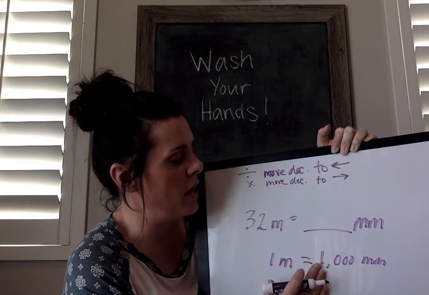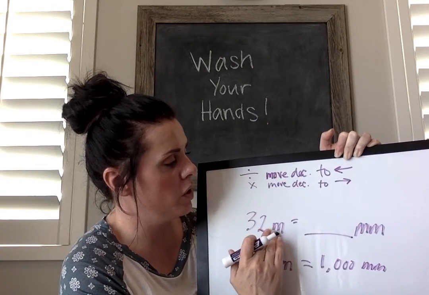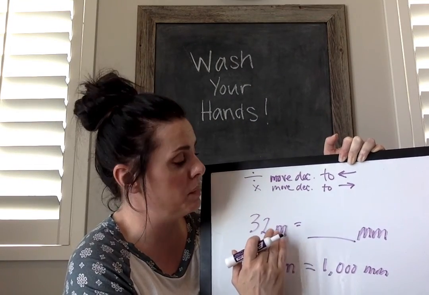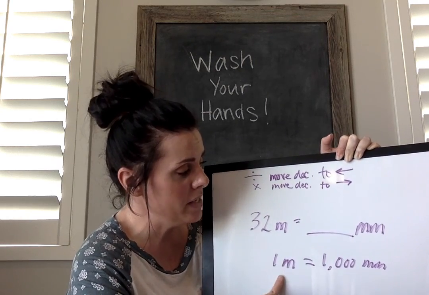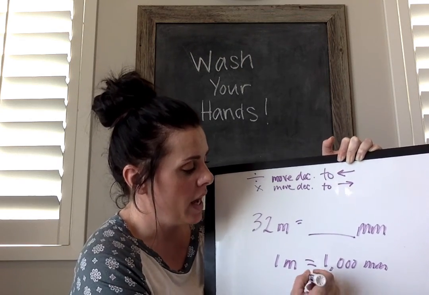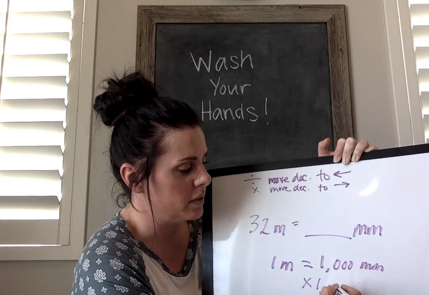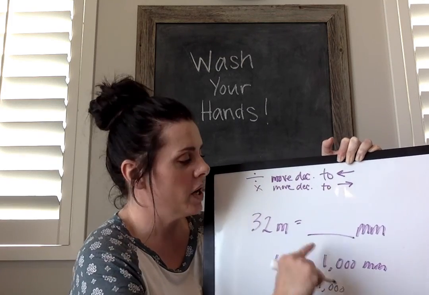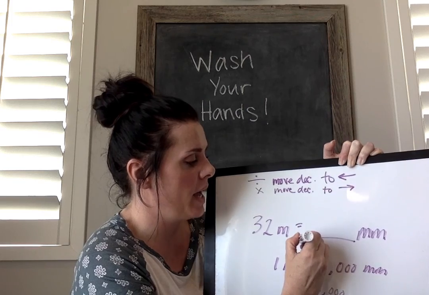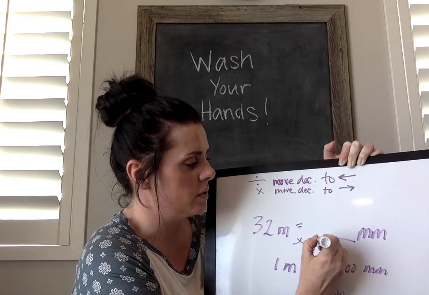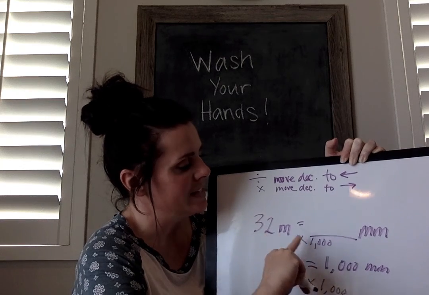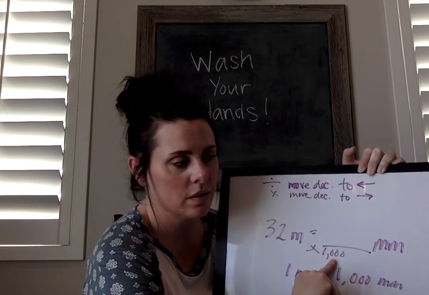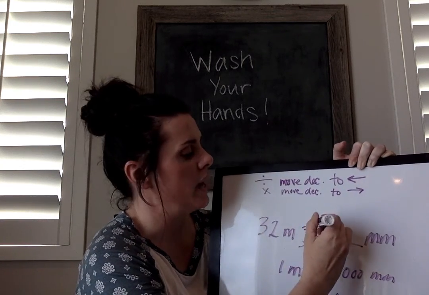So here I'm going to go from meters to millimeters again. To get from 1 meter to 1,000 millimeters, I times by 1,000. So I've got to do the same thing up here. I will times by 1,000. Okay, so 32 times 1,000 is 32,000.